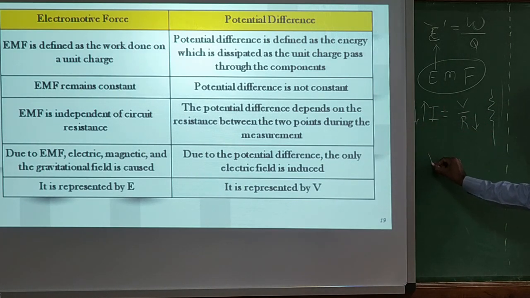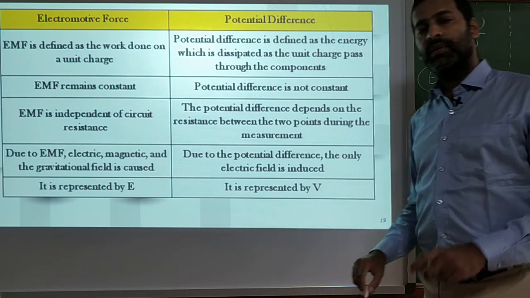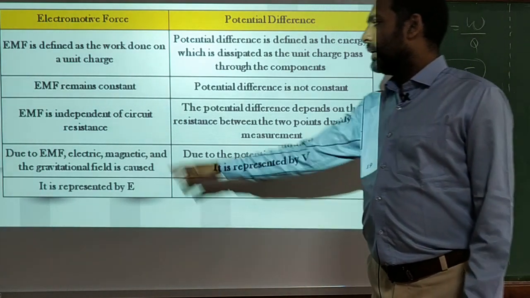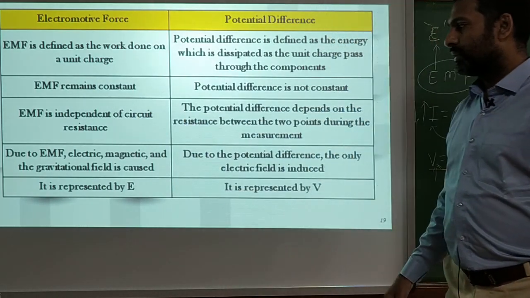From here we can say V is nothing but I into R. So this is directly related with the resistance. Voltage and resistance are directly related. Voltage depends on the resistance. So its value is not the same, but EMF is the same and it works only inside the battery. EMF is independent of circuit resistance.